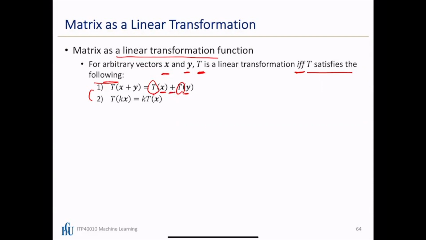If the value is equivalent to the transformation applied to the sum of the two vectors, then you satisfy the first condition. You also take the scalar multiplication of the vector applied to the transformation. If the value is equivalent to the scalar multiplication of the transformation, then if you satisfy both of the conditions, you say T is a linear transformation.